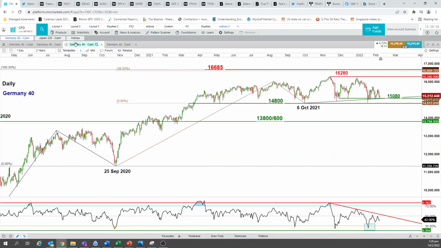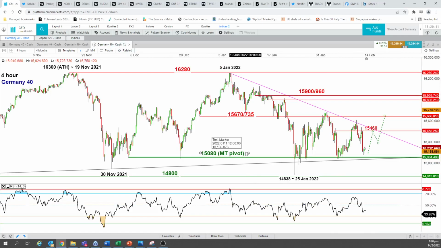The 14,800 level is the swing low area of 4th of May, 12th of May, as well as 6th of October that previously managed to cap the bears from sliding further. So definitely a break below 15,080 with a close below it could see another test of this key major support at the 14,800 level on the German 40 index.